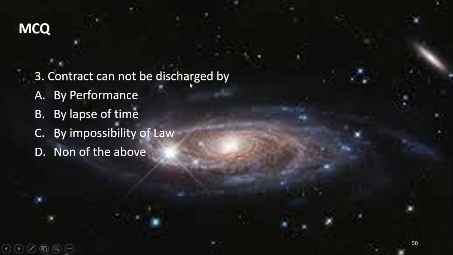Contract cannot be discharged by performance, lapse of time, impossibility of law, or none of the above. Here, contract cannot be discharged by, but the answer is D because a contract can be discharged by all these methods.